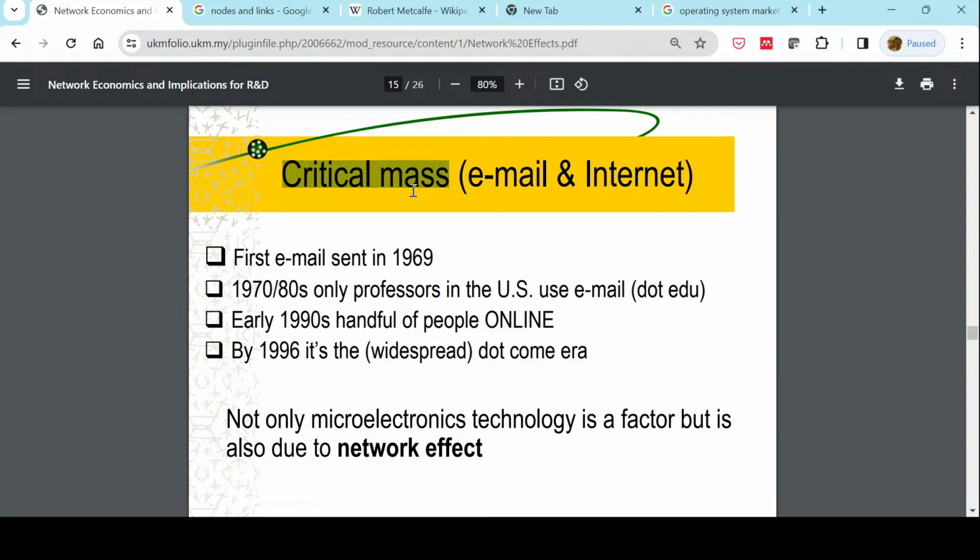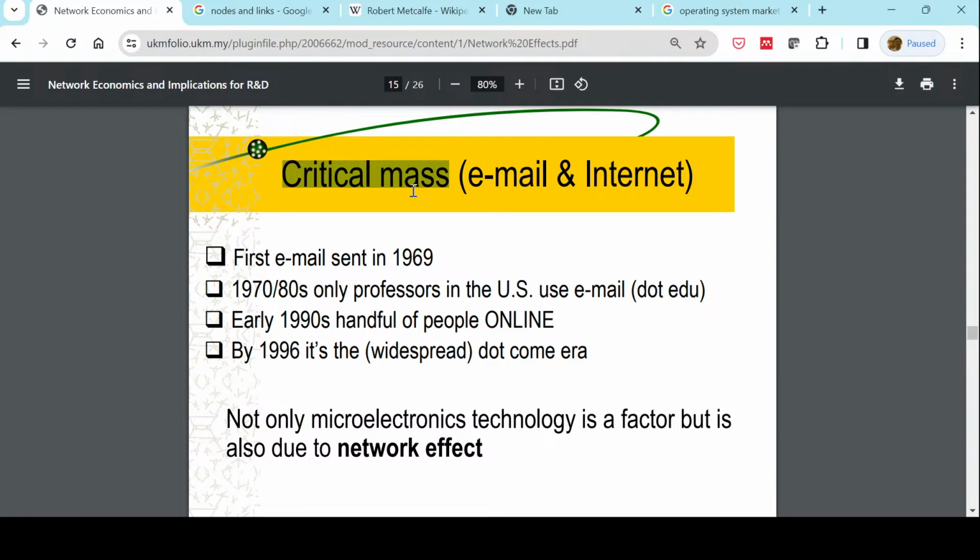So the first email was sent in 1969. In the 1970s and 80s, only professors in the United States used email, communicating among themselves only, not professors with students, using .edu. In the early 1990s, only a handful of people were online.